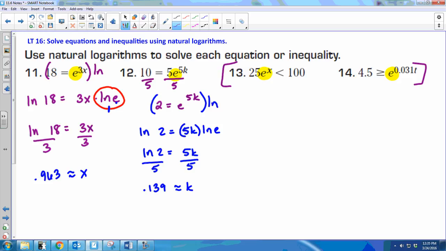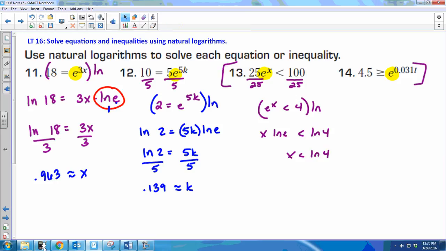I mean, you can type it in. Yeah, you guys are doing the other two.